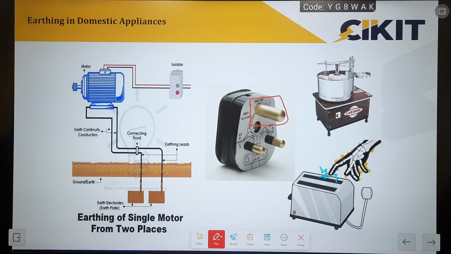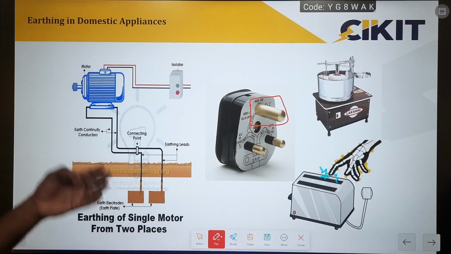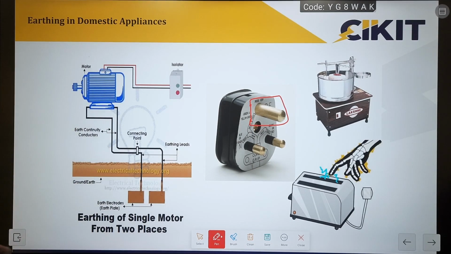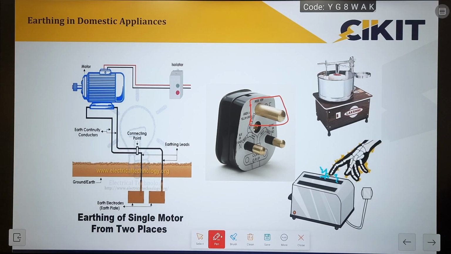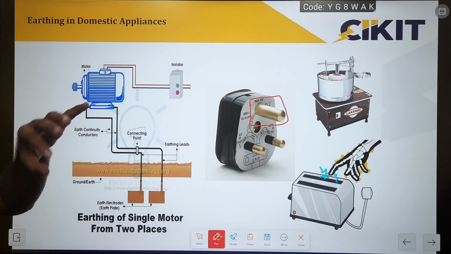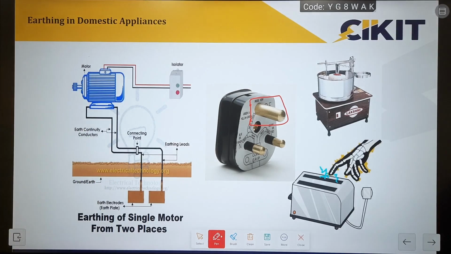If the enclosure is made up of plastic or any other insulating material, in those applications we won't go for this third pin. The purpose of this earthing pin is, if by accident any live wire makes contact with the enclosure, it diverts the entire energy through the earthing point to the ground.